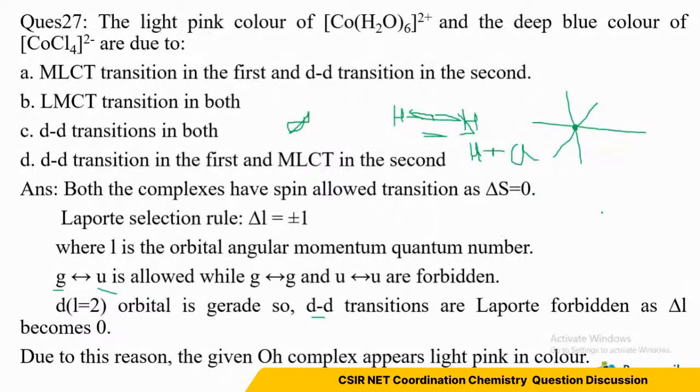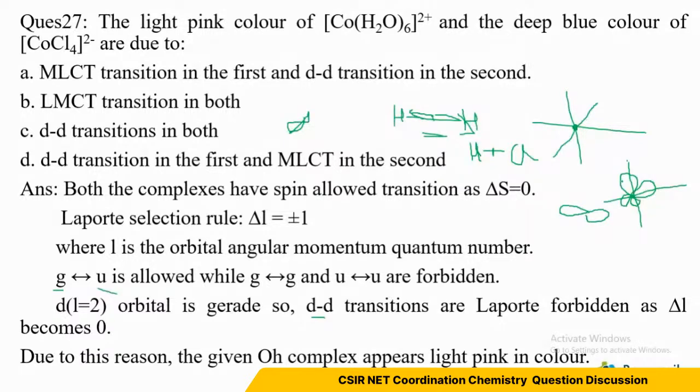d orbital is gerade, right? See, I'll show you here. Wait a second, I'll show it here. So if we talk about this orbital, suppose this is the dx square minus y square orbital.